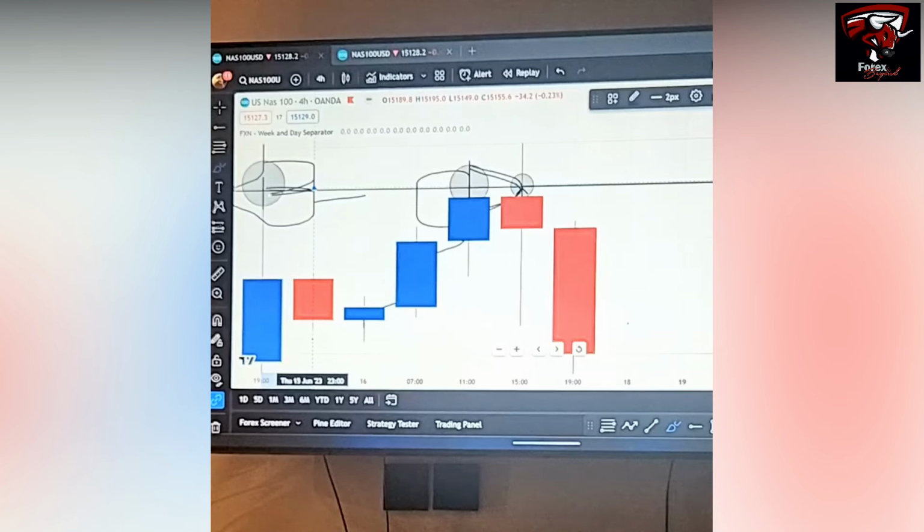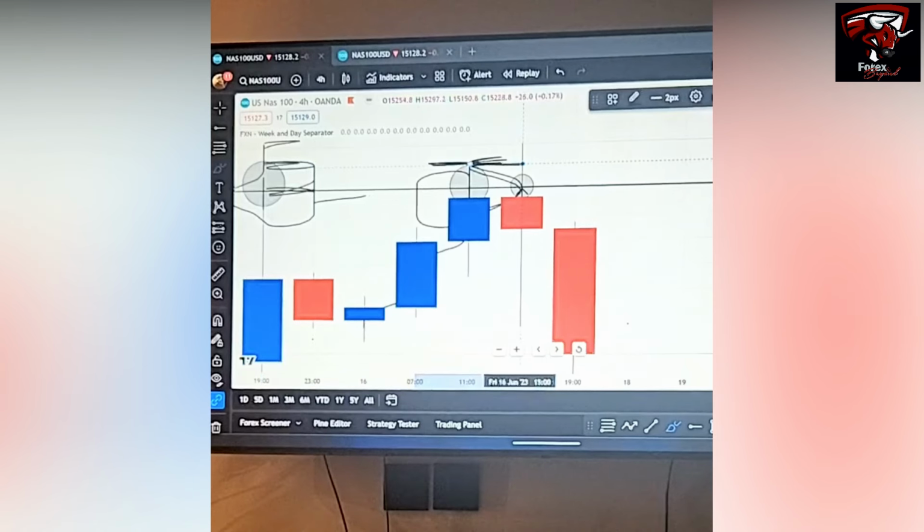So what are they going to do? They're going to go and grab that last high, and then this high. So price goes up and it takes that high, price comes up, they generate liquidity, so then they take that high.